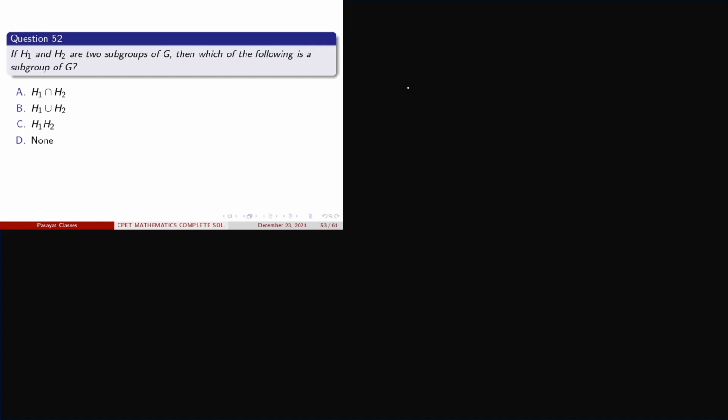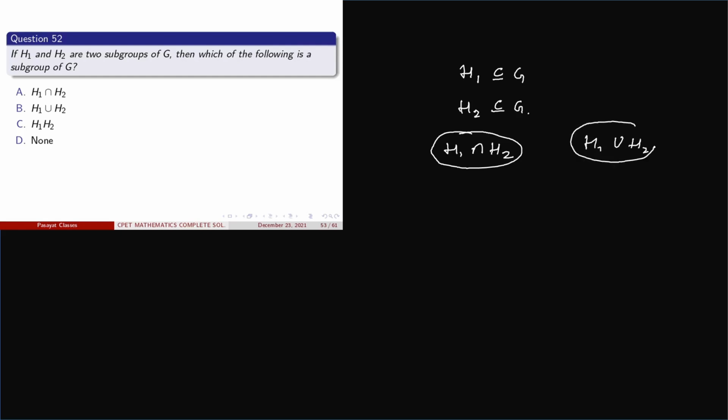Here we know that H1 is a subgroup of G and H2 is a subgroup of G, and H1 intersection H2 is a subgroup of G, but H1 union H2 may not be a subgroup. So option A is the correct one.